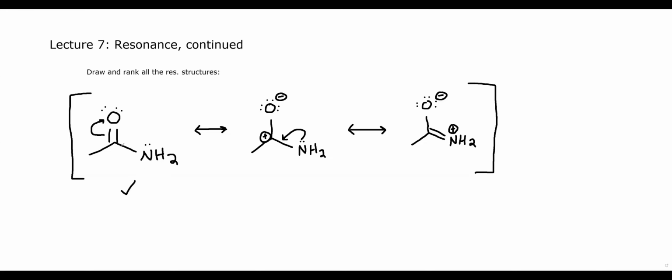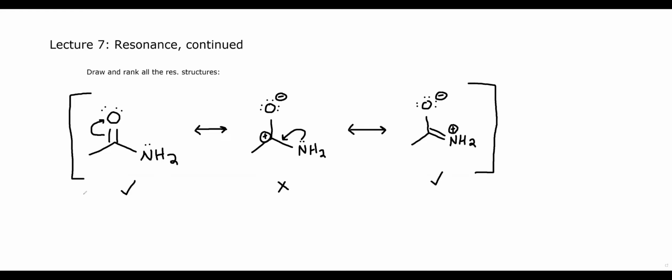Put a check mark there because that has all filled octets. The middle structure does not. We have a carbocation there. That's 6 electrons. That carbon in the center does not have 8 electrons around it. But everything in the third structure also has an octet. So that's good. So this middle structure is not looking good.